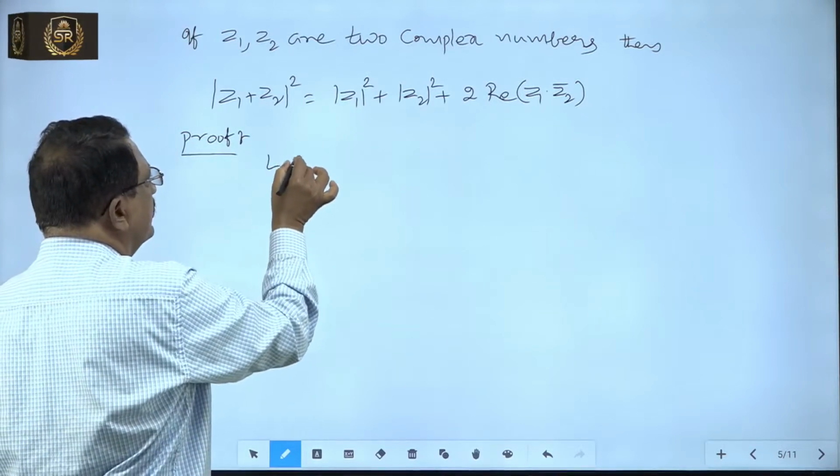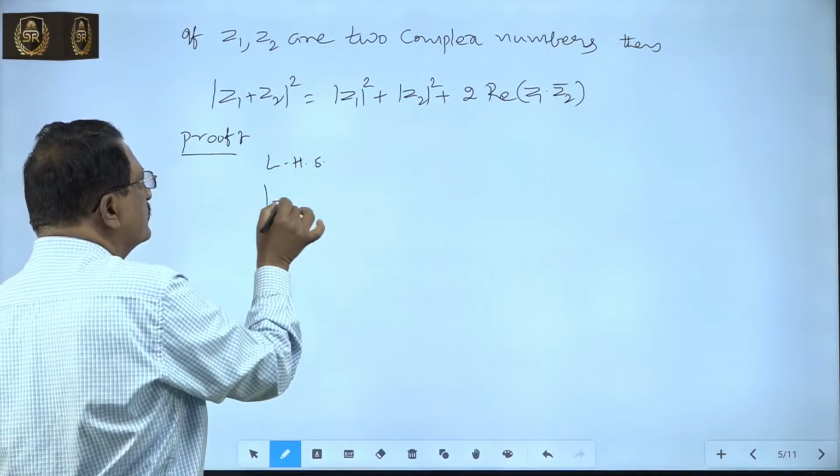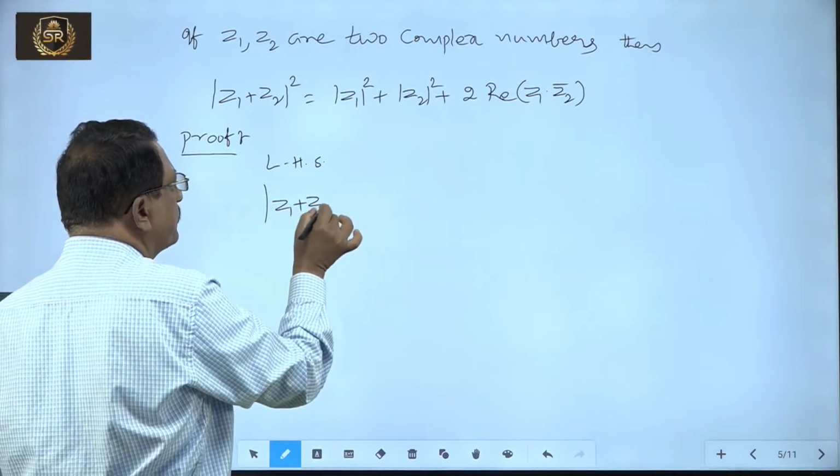Take the left hand side, LHS: mod of (Z1 plus Z2) whole square.